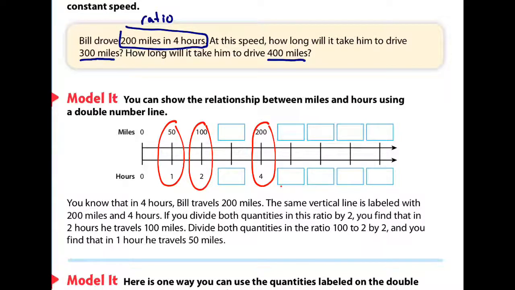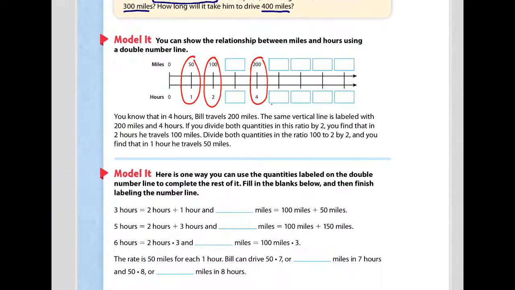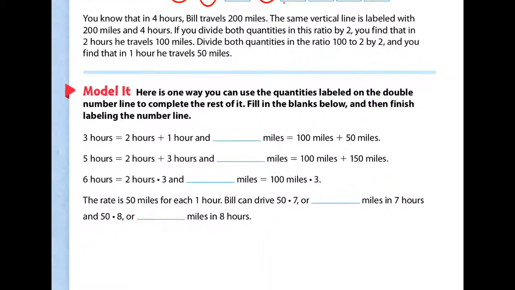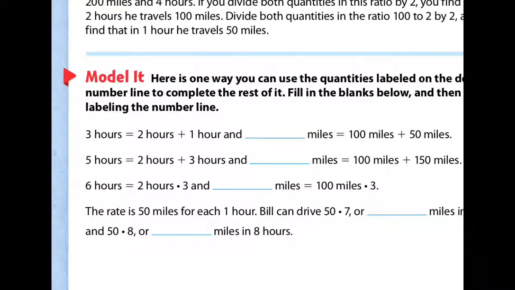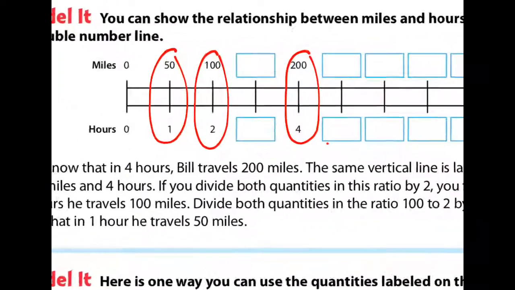Okay, so now let's go down to the bottom. This is similar to what we did yesterday, and I thought it was kind of cool, so I think it's kind of cool today as well. So this says, here is one way you can use the quantities labeled on the double number line to complete the rest of it. Fill in the blanks below, and then finish labeling the number line. All right, so I'm going to start you off here. It says 3 hours is 2 hours plus 1 hour, right? So let me go back up to the number line.